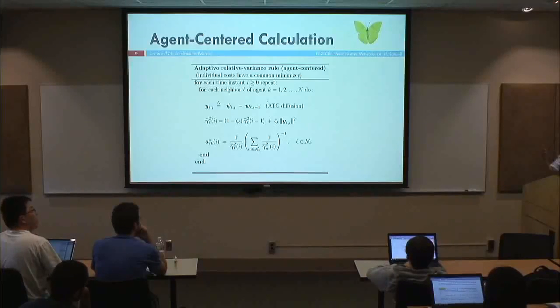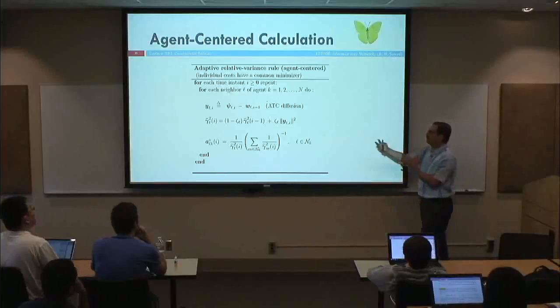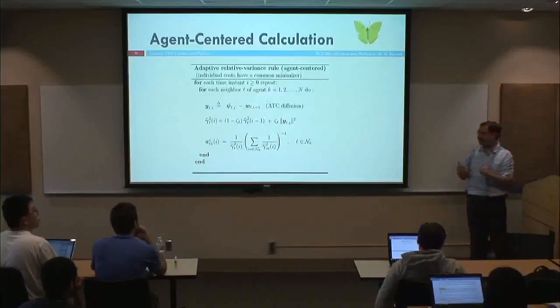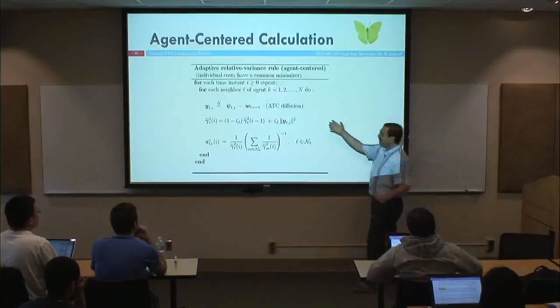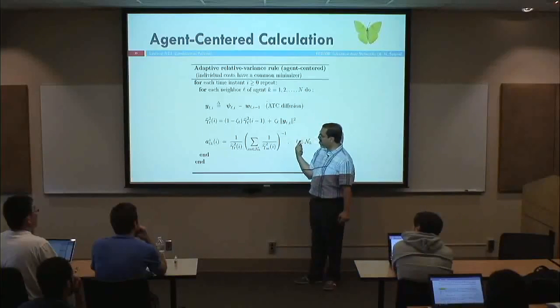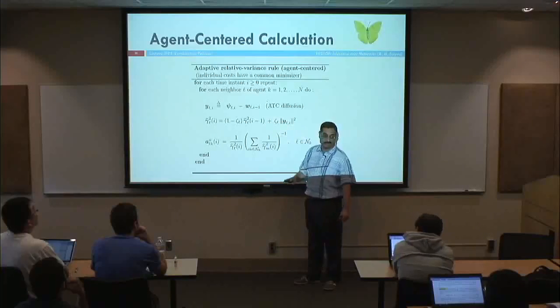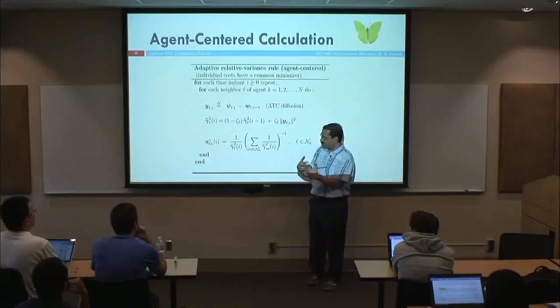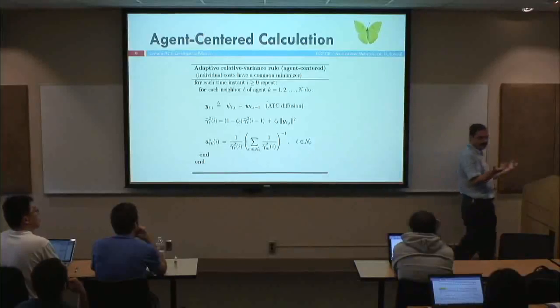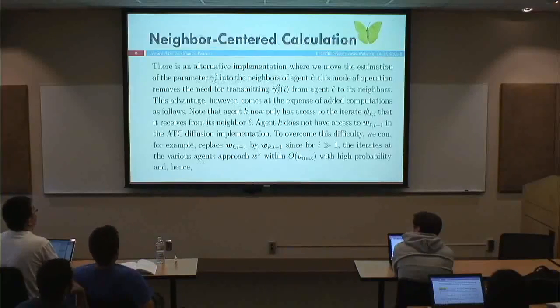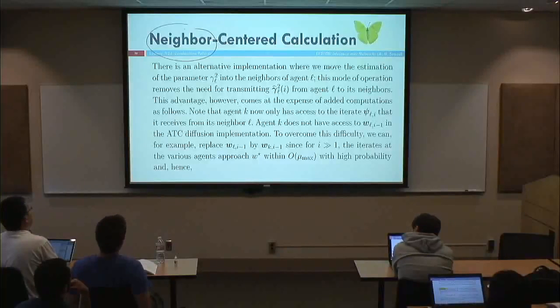So here, if you want to reduce the amount of information that you are transmitting, you can ask agents to do more calculation and less transmission. That's just a matter of preference, right? Depends on your application.